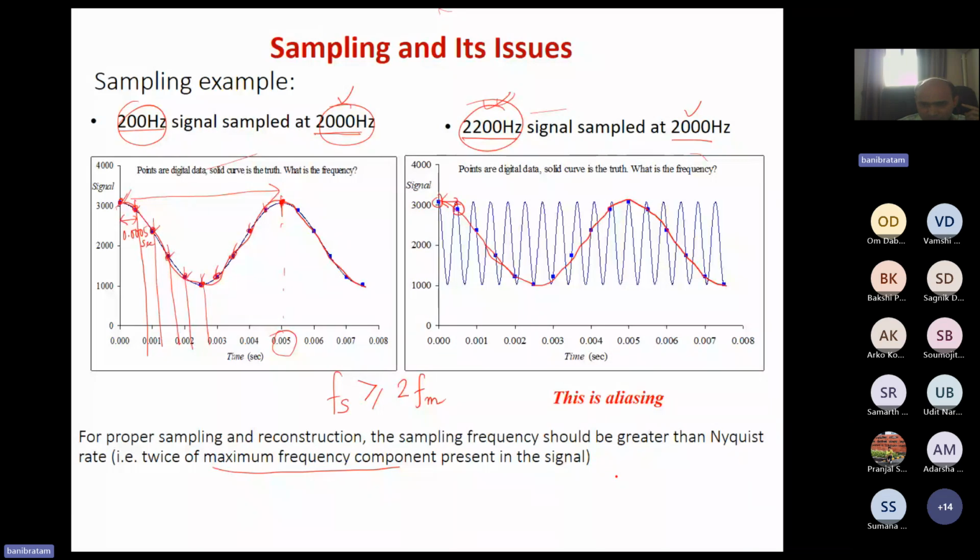Now suppose you have one signal with multiple frequencies, suppose V1 is A1 sine 2 pi F1 t plus A2 sine 2 pi F2 t plus A3 sine 2 pi F3 t. Suppose I have a signal having 3 frequency components F1, F2, F3. Then how should we choose the value of Fs?